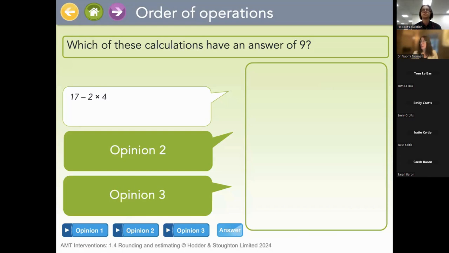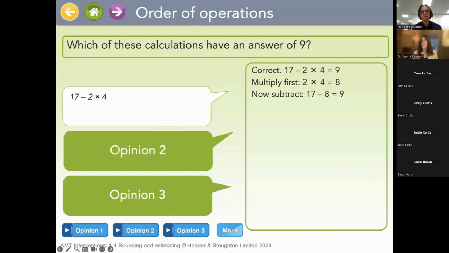Students who incorrectly work from left to right rather than using the order of operations may decide this calculation has an answer of 17 subtract 2, which is 15, multiplied by 4, which is 60, which is not 9. And they can look at the answer to see how 9 is achieved.